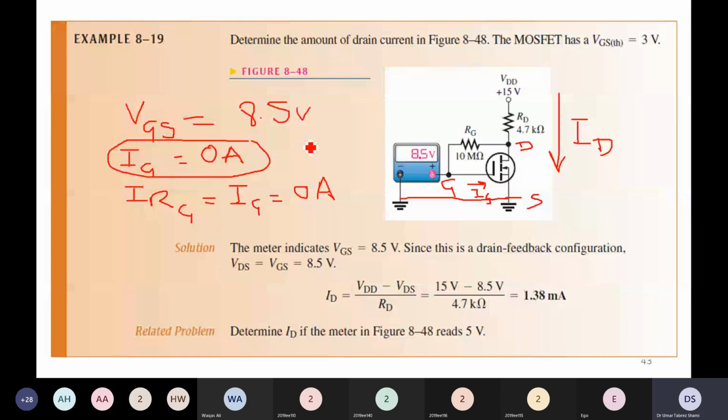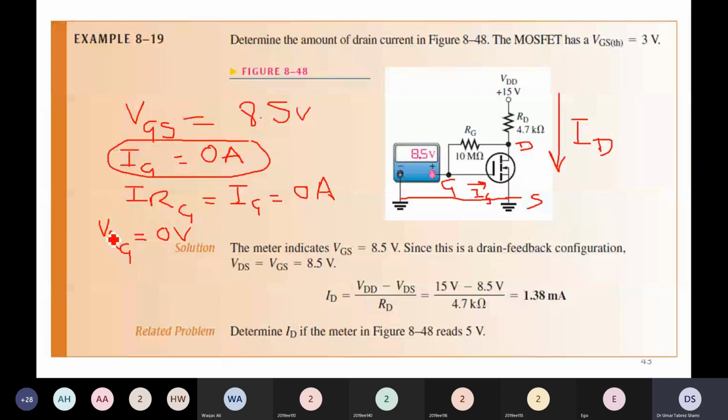Now if the current through RG is 0, what is the voltage VRG? It is also 0. So this means that voltage VRG is also 0 because current IRG is 0.